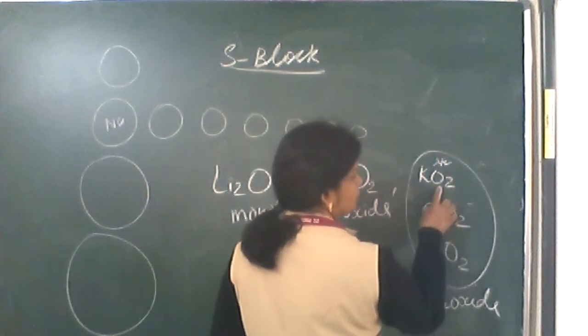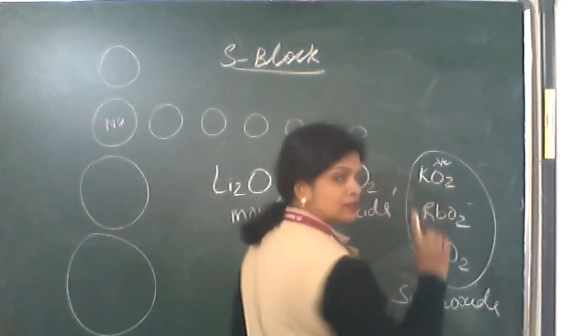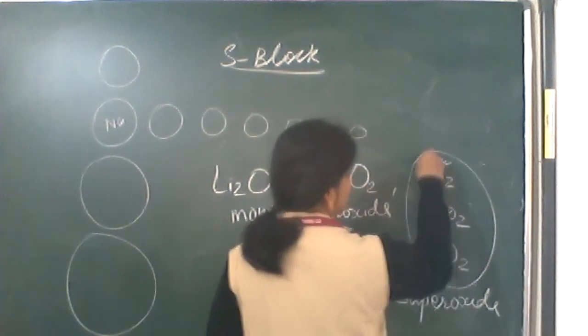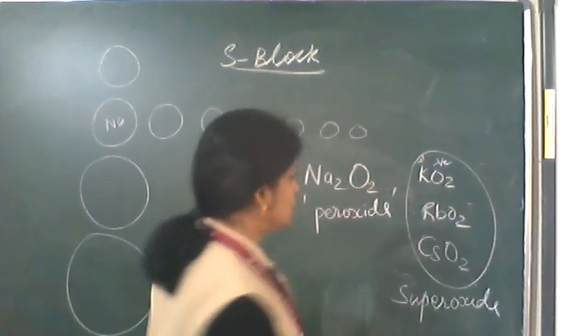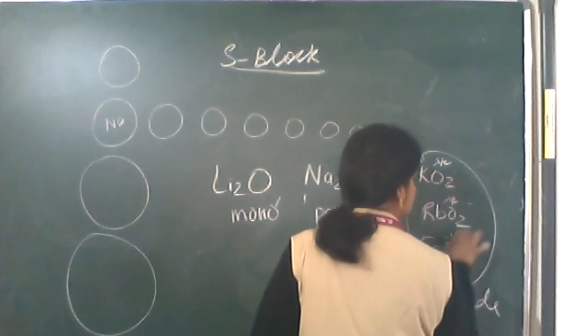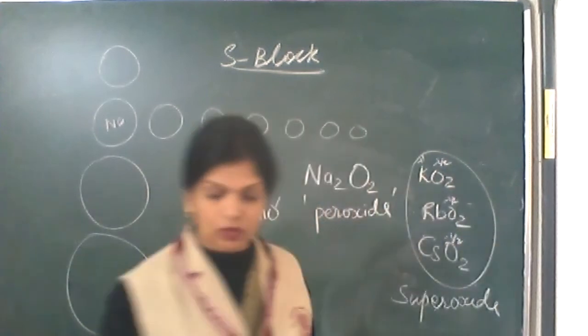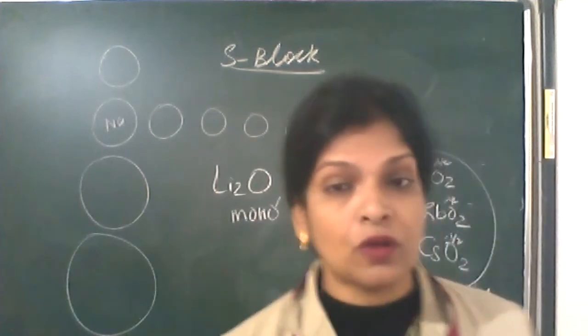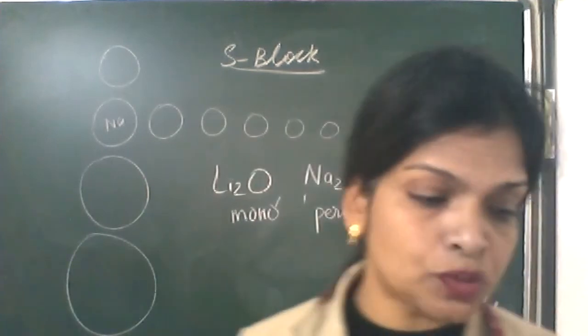Two oxygens give minus half plus minus half, so minus 1 in total, which balances potassium being plus 1.